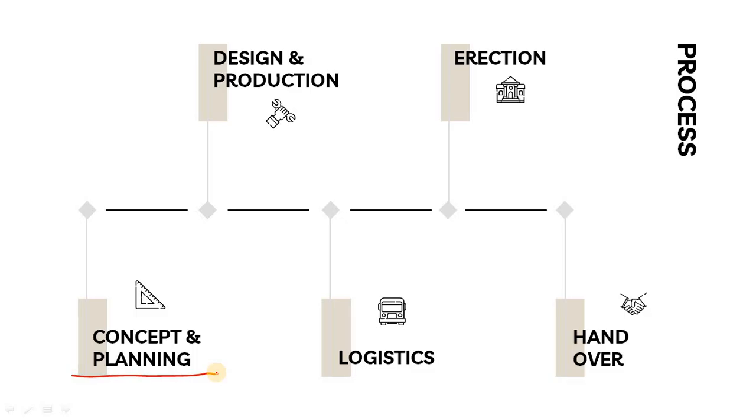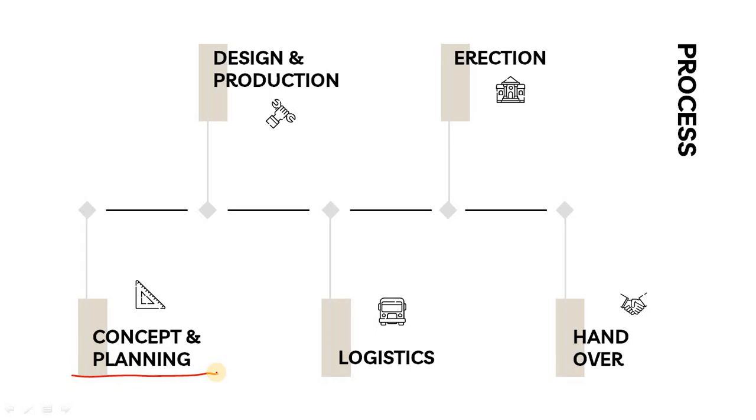The term concept means the structural elements are divided into a number of elements for ease of production, transportation and erection. At this first stage, micro planning is done to analyze the precast elements into a number of varieties.